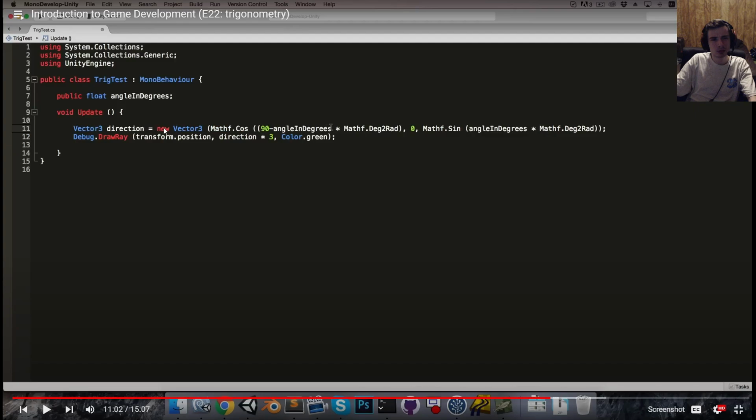Vector3 direction equals, oh, wait. Direction.